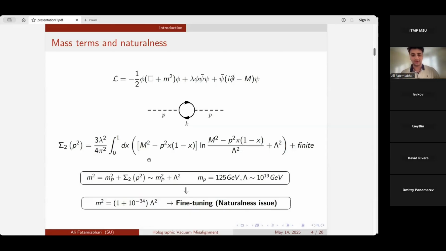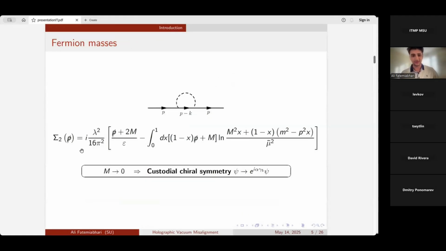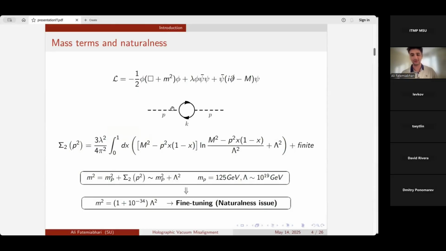So this was the propagator for a scalar. For the fermion, none of these basically happen. When we calculate the corrections to the fermion mass, we get a result that is logarithmically divergent, and then there is one term which is proportional to the mass of the fermion itself, but no constant quadratic divergence, nor any term proportional to other terms in the Lagrangian.